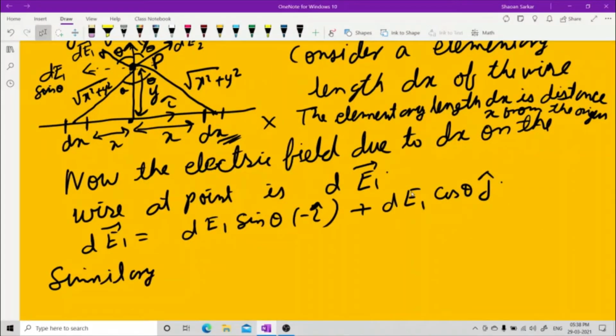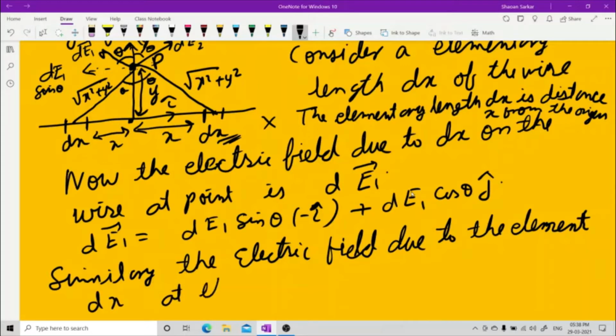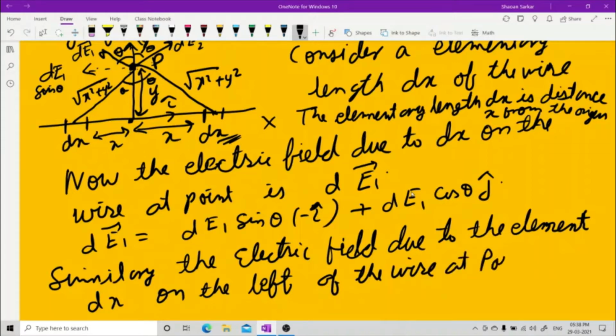Similarly, the electric field due to the element dx on the left of the wire at this very point P is dE2 vector.